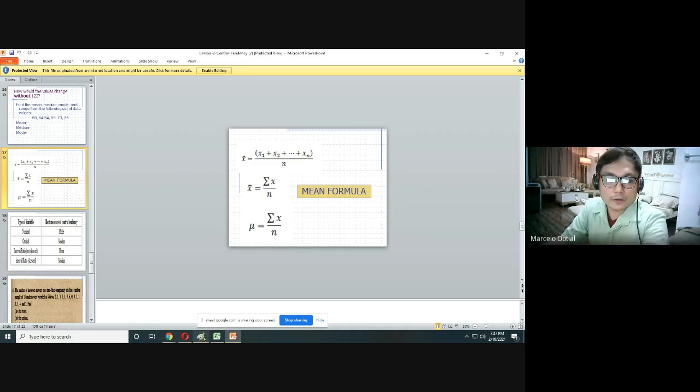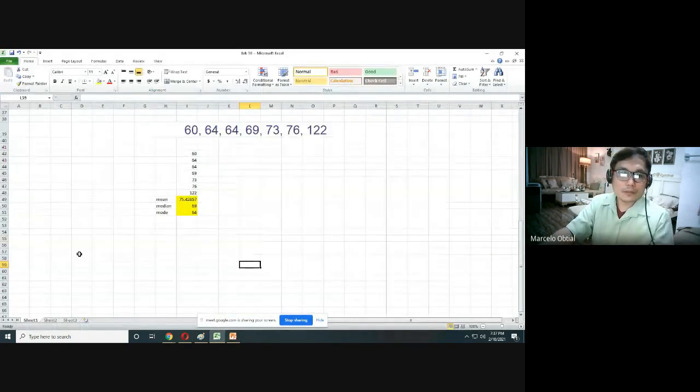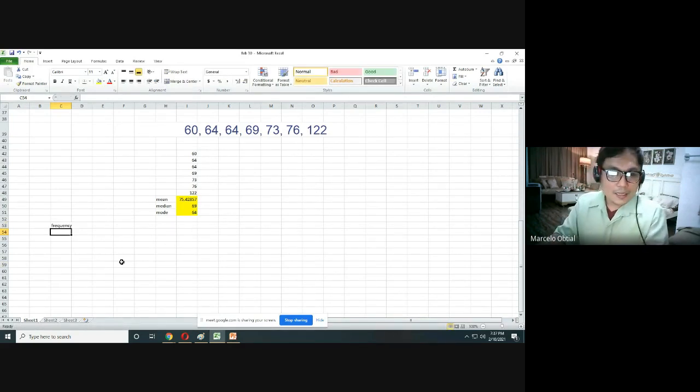So, we'll go now with the frequency table. Now, frequency table, madalas nalilito ang estudyante. So, for example, most of you are teachers.